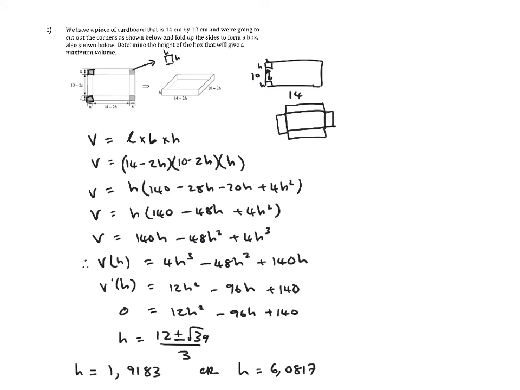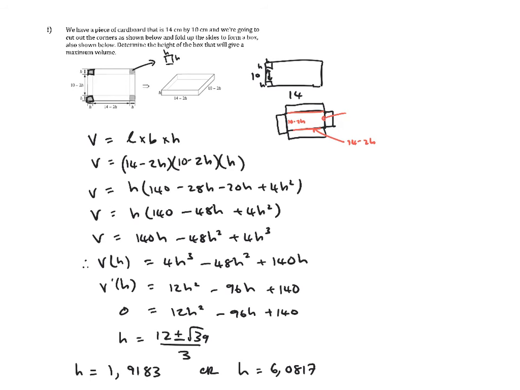So this part here was 10, so it's 10 minus 2h, and this part here would also be 10 minus 2h, and then that part there, it was 14, so it's 14 minus 2h, and of course that's the same as there, right? So that's kind of the simultaneous equation part, right?